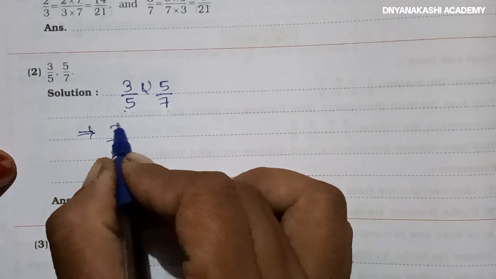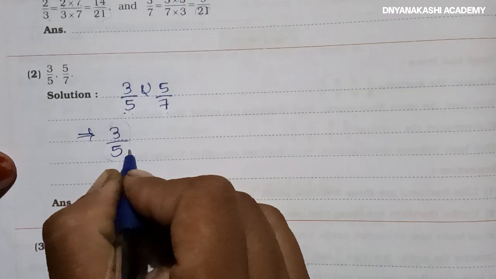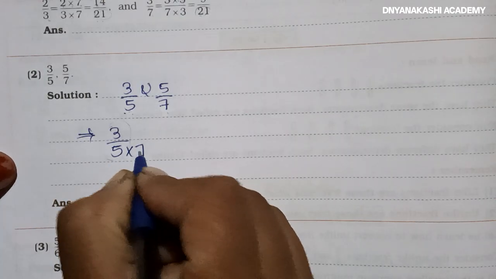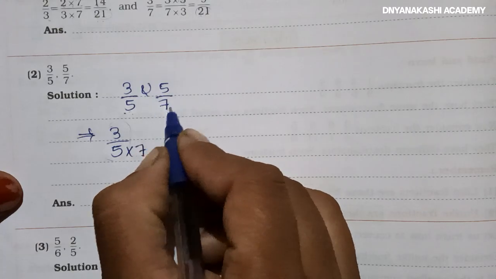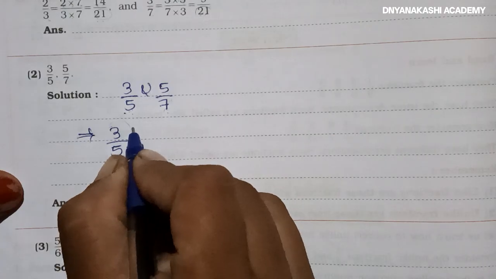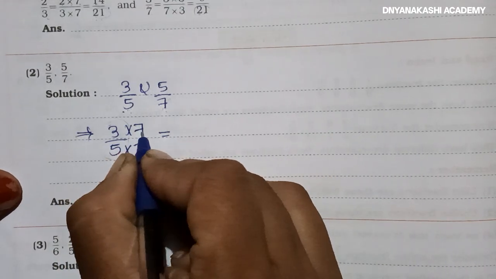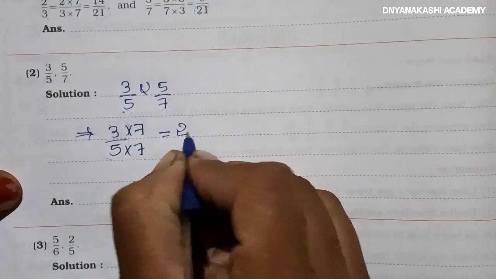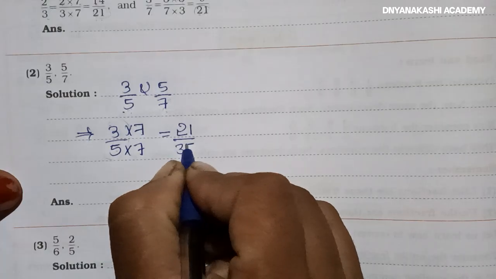Okay, the numerator and denominator of this fraction I multiply by 7, because the other fraction has denominator 7. That's why I multiply the numerator and denominator by 7. 7 3s are 21 and 7 5s are 35.